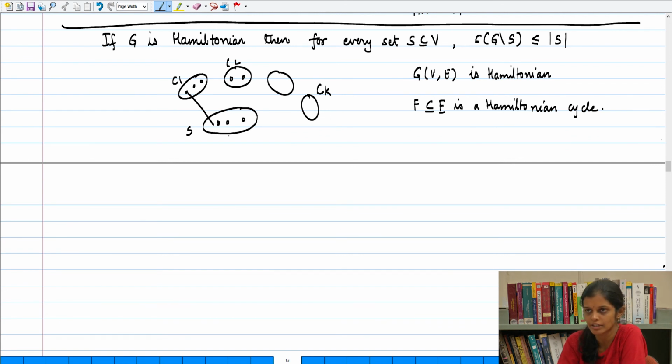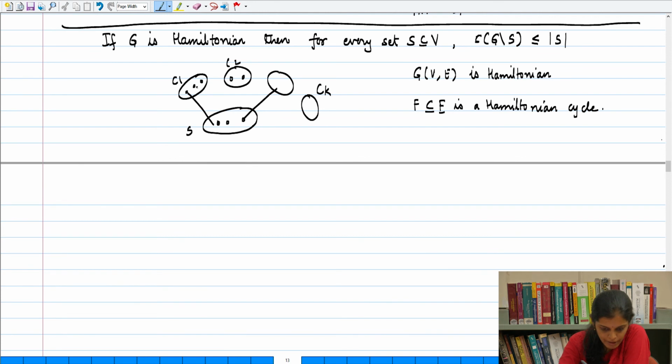S connects to everything, and whatever components it has, it may have a choice to go to any component, right? But there is one cycle which we have, there may be multiple cycles, but one cycle that we have identified, which is F. So let us do a simple counting argument from both sides.